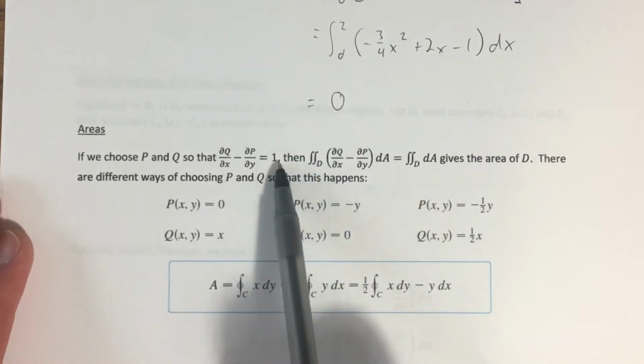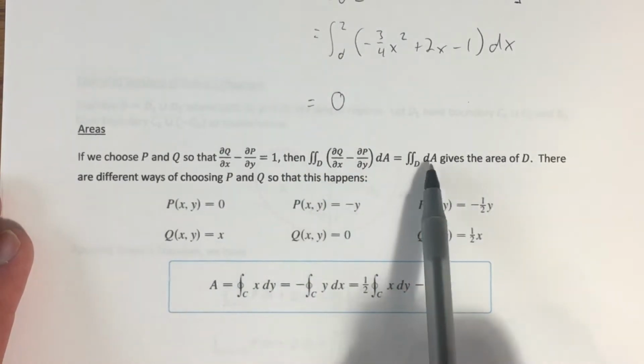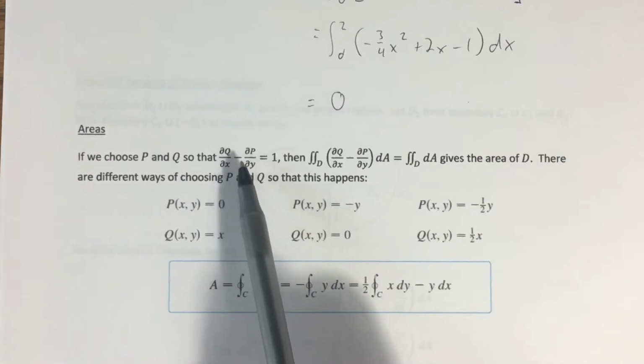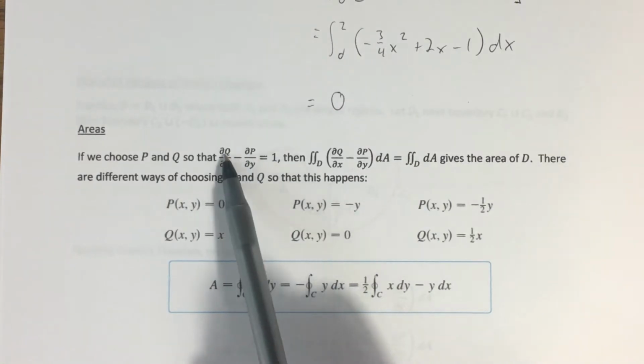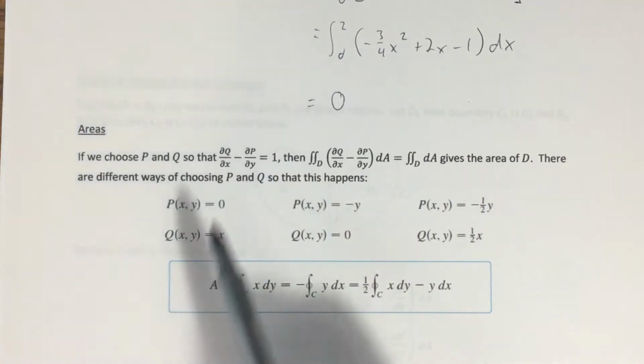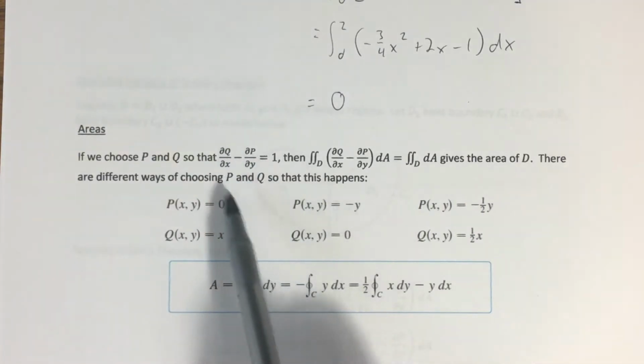This needs to be equal to 1 if it's going to simplify to just dA in here. So basically what we're looking for are two variable functions, p and q, such that this holds true. And there's lots of options for p and q that would make this work.